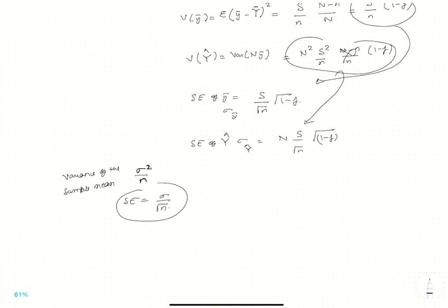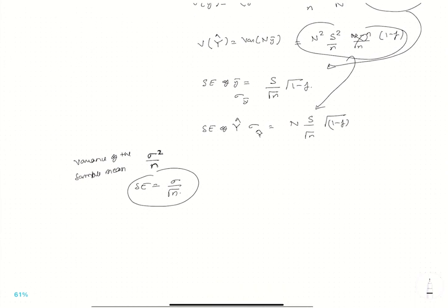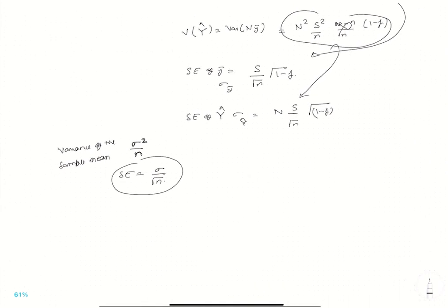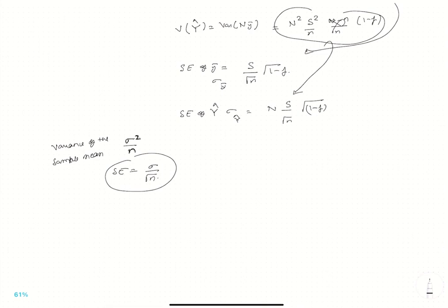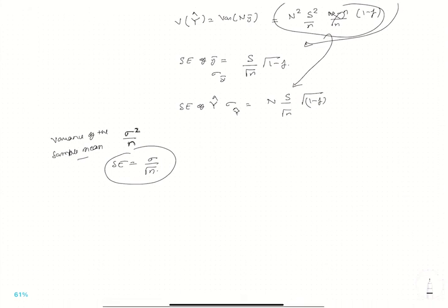This is the root n sign, which is a very standard definition of standard error, which we always see. So the variance of the sample mean is sigma square by n, but that applies when there is an infinite population.